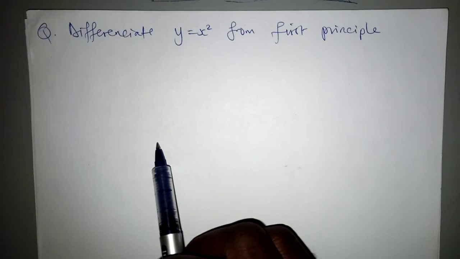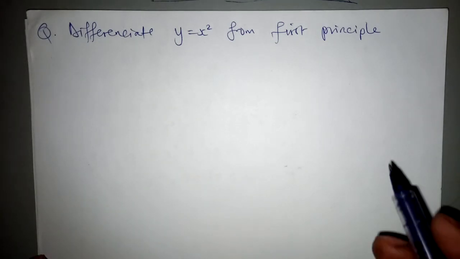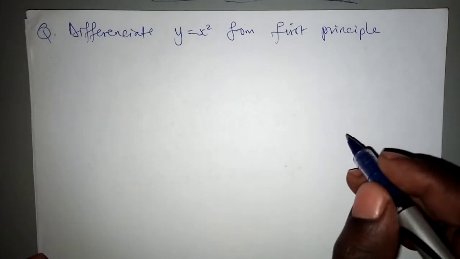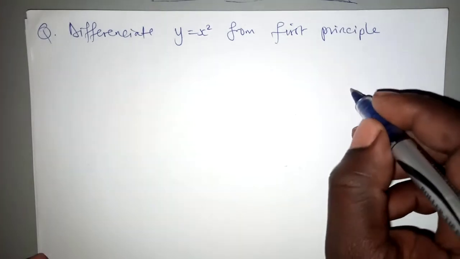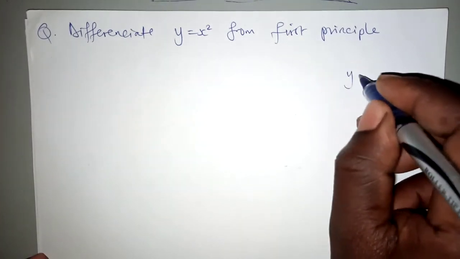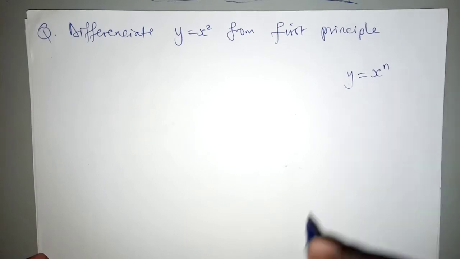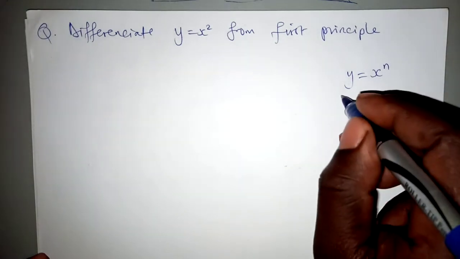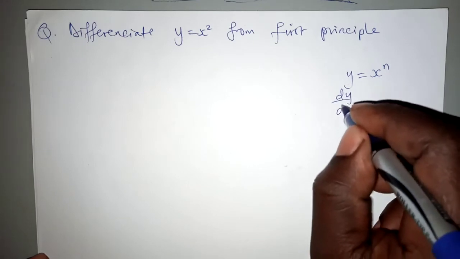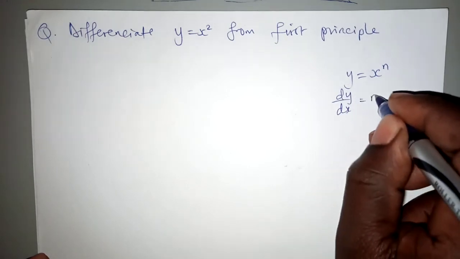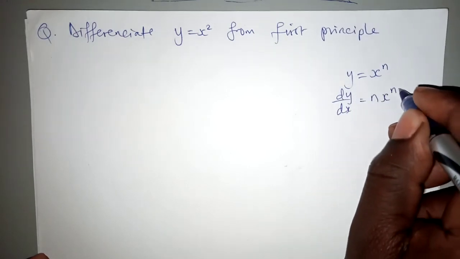In this lesson, we are going to see how to differentiate y is equal to x squared from first principle. The general formula for differentiation says if you have a function y is equal to x to the power of a certain number, which is n, then differentiation of y with respect to x is equal to n x to the power of n minus 1.